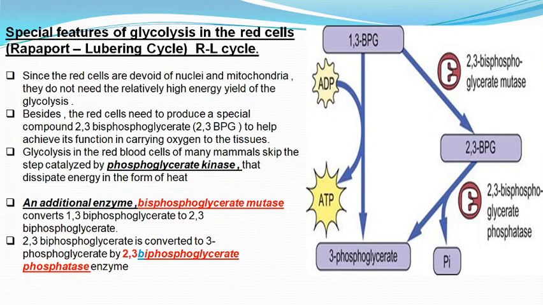If 2,3-BPG becomes deficient, as in stored blood, the hemoglobin affinity toward oxygen will become high, so hemoglobin will not deliver oxygen to the peripheral tissues.